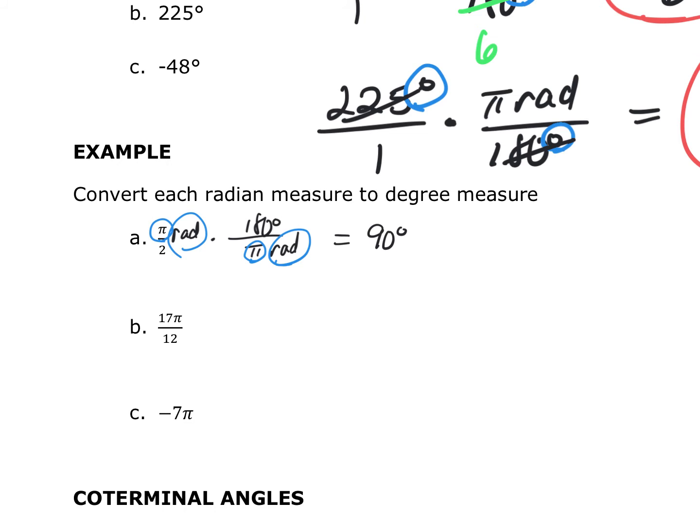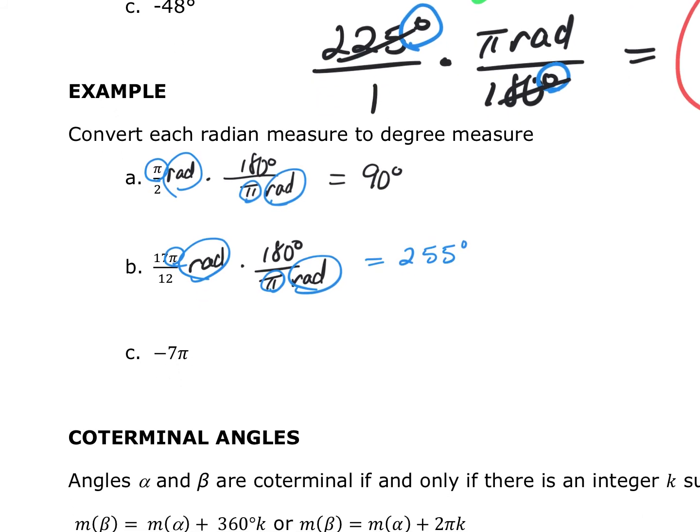Similarly, I'm going to do the same thing here. This is a radian, and I'm going to multiply by 180 degrees over pi radians. My degrees and my radians will cancel, and I end up with 255 degrees. Negative 7 pi radians.